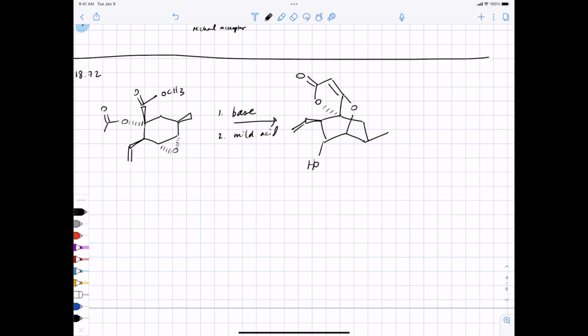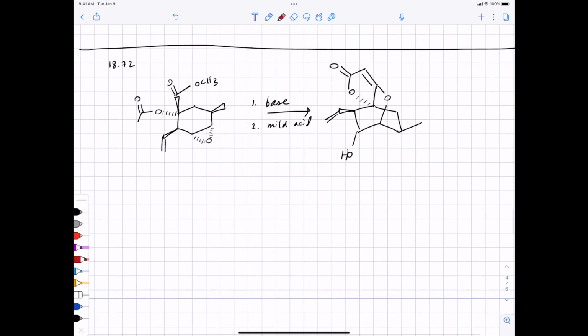Let's start by identifying groups that are identical and not changed. Okay. So one that is not changed is there. Another that's not changed is there. Okay.